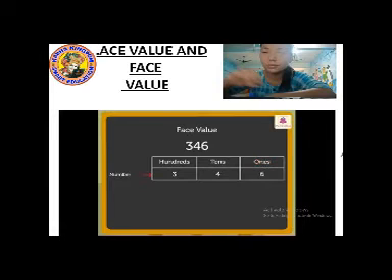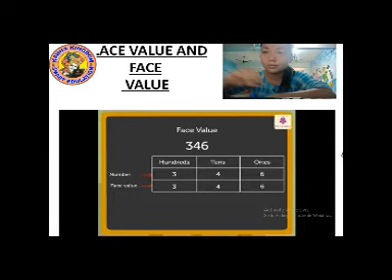But the face value of a digit is the same as the digit itself, irrespective of where it comes in the place value chart. So, the face value of digit 3 is 3 only. The face value of digit 4 is 4 only. And the face value of digit 6 is 6.